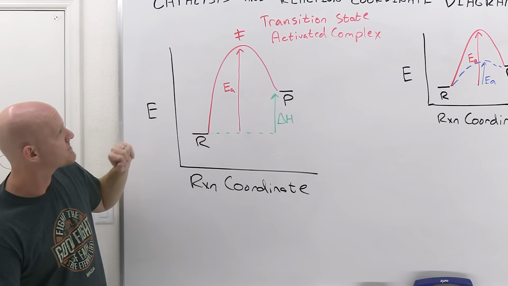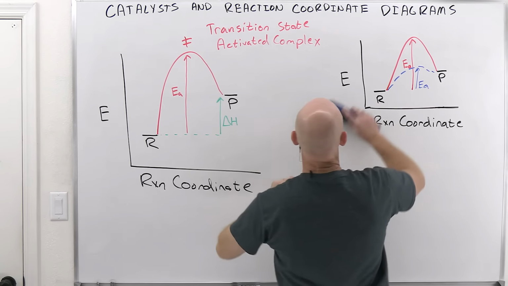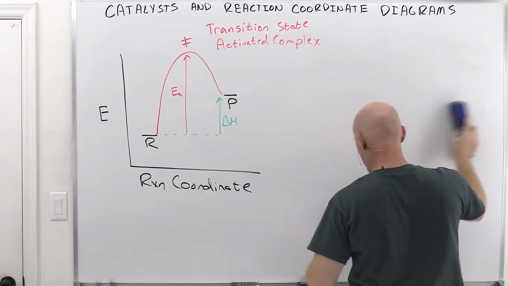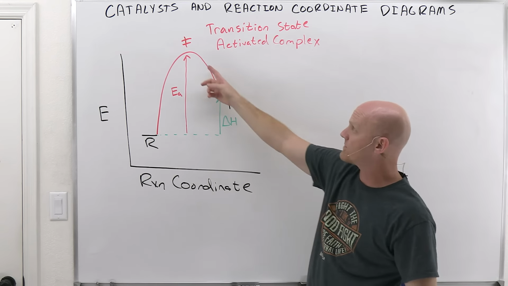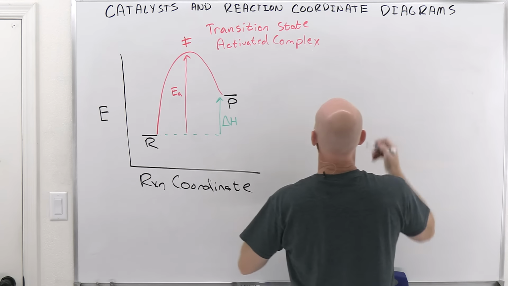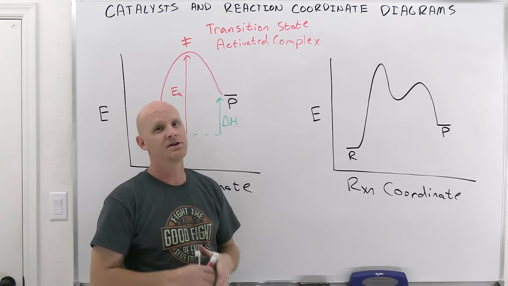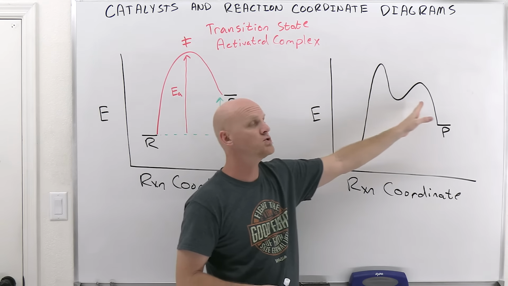Okay, so a couple other things we've got to identify here, and we're going to draw one more of these so we can actually see them. So again, for every hill you have a step. So this would be an example of a one-step reaction. All right, so here I've got a second reaction. And you'll notice what's different here is there are actually two hills.